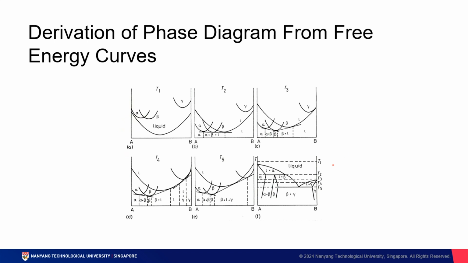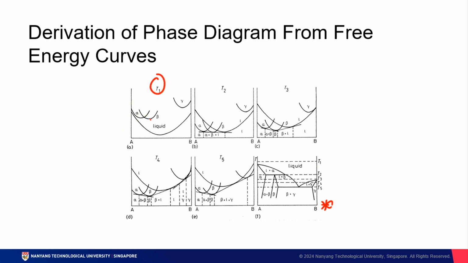So here in this final example, you should be able to relate T1, 2, 3, 4, and 5 directly to this phase diagram. What I did really want to point out to you was perhaps just T1.